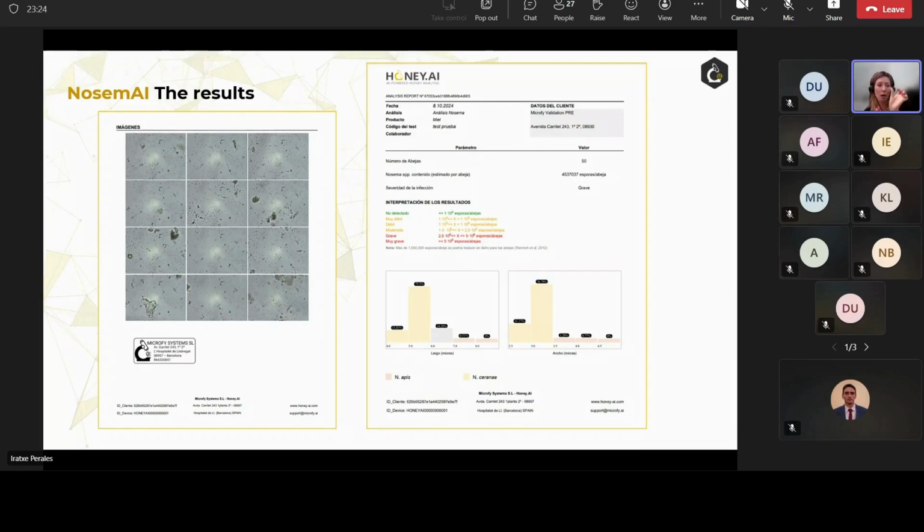There is one specific percentage where the sizes overlap. So it's like when we cannot be sure if it is Apis or Ceranae because the dimensions overlap between species. But then in width and length, in the sizes, when we are sure about if it's Apis or Ceranae, there is a histogram of sizes.